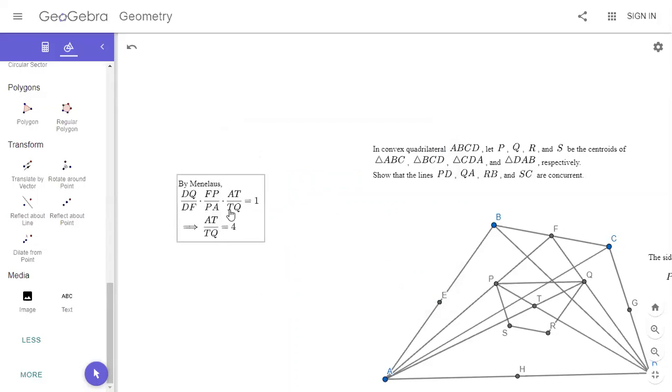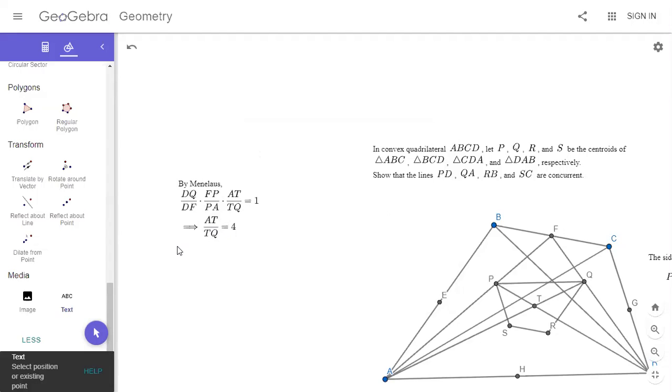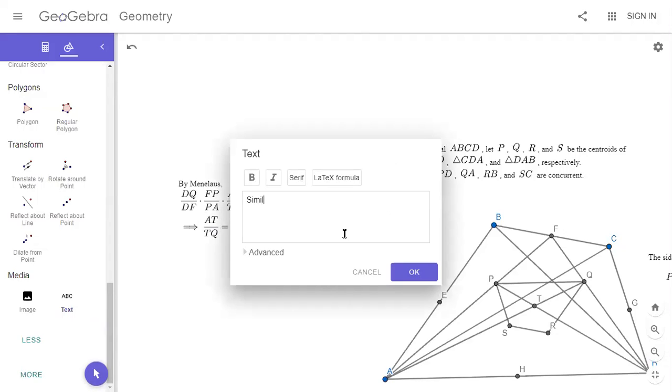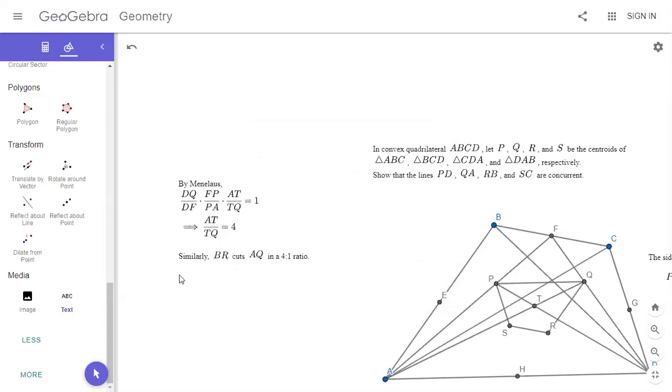And then similarly, BR cuts AQ in a 4-to-1 ratio. So BR, DP, and AQ are concurrent.